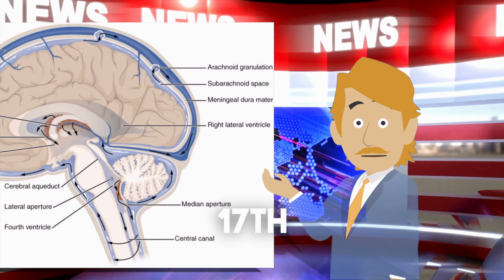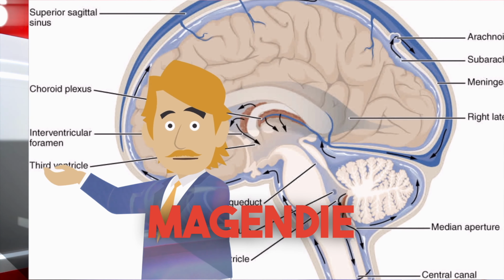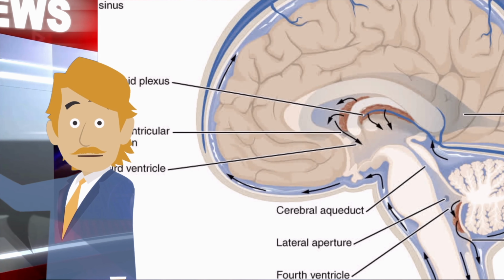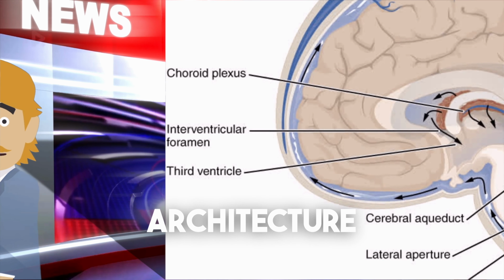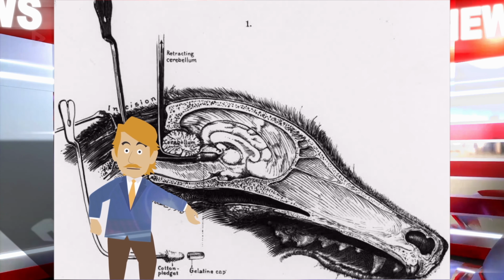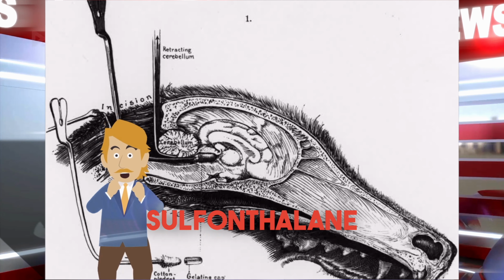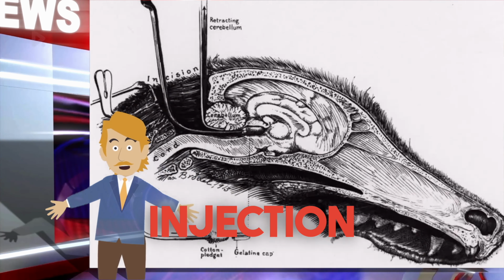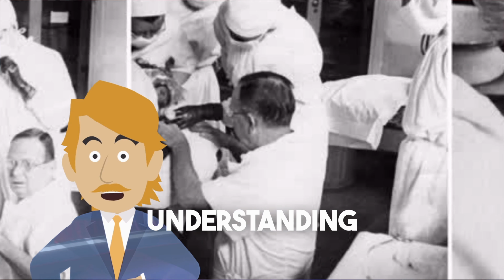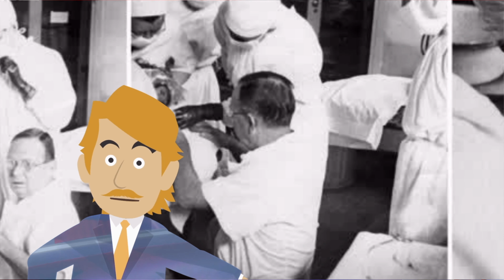Later, 17th century anatomists like Willis, Monro, Magendie, and Luschka began unraveling the brain's architecture. The 1800s and early 1900s experimentation with material science and the Walter Dandy phenylsulfonphthalein dog model injection led to our modern understanding of communicating and non-communicating hydrocephalus.